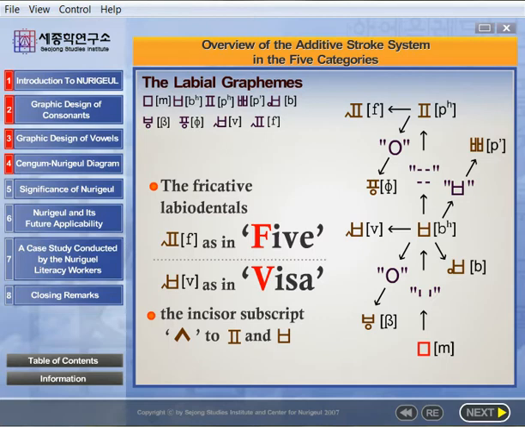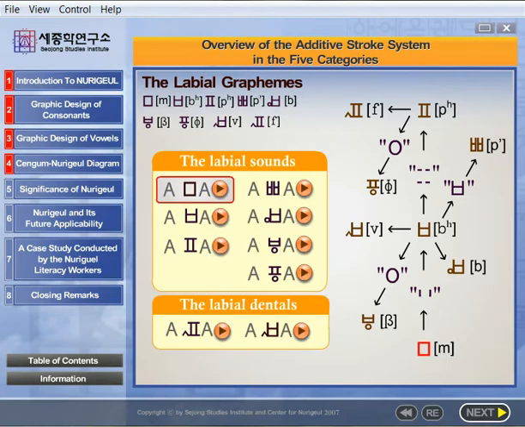Now, let's practice the 7 labial sounds. A, Ma. A, Pa. A, Ba.